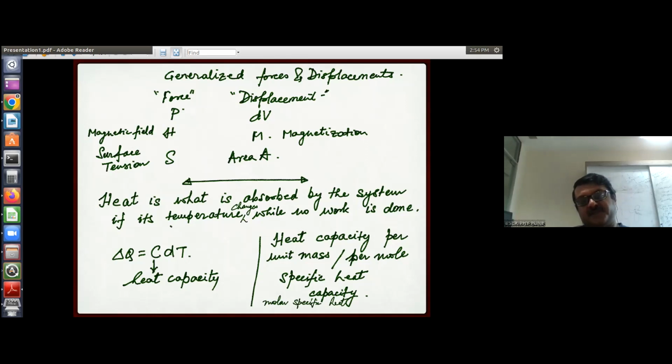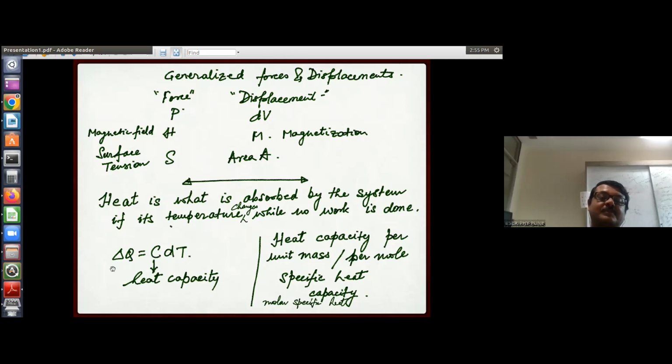When energy is transferred, the interaction potential between the particles remains the same, but the particles might rearrange themselves differently. So part of it goes into kinetic energy, equipartition theorem, right? Because of which the particles might rearrange themselves and the total internal energy of the system can change. Absorption of heat without work done is going to change its internal energy.